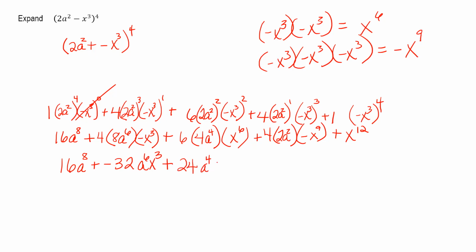A to the 4th x to the 6th plus 8. Well, this is going to be negative. 4 times 2 times negative 1. Negative 8a squared x to the 9th plus x to the 12th. So that's all cleaned up now, and that is how you expand a binomial that has coefficients and powers involved in the two terms in the binomial.